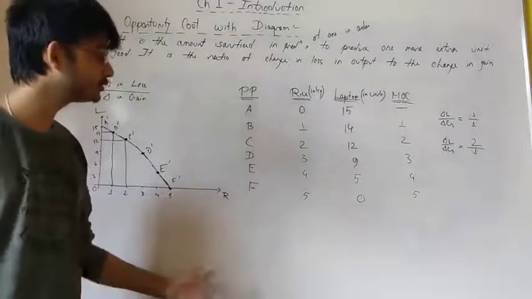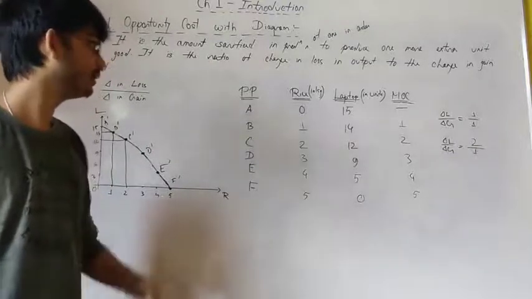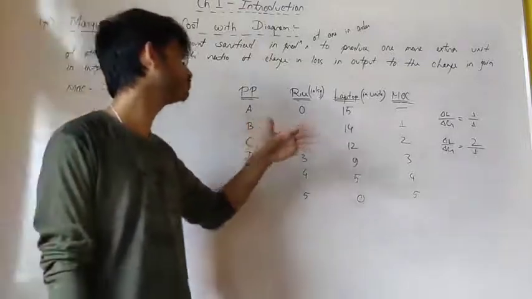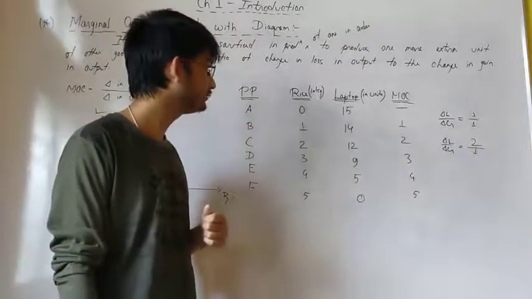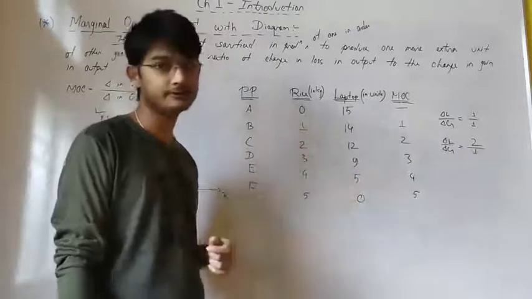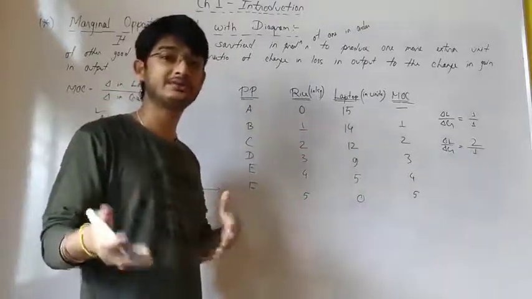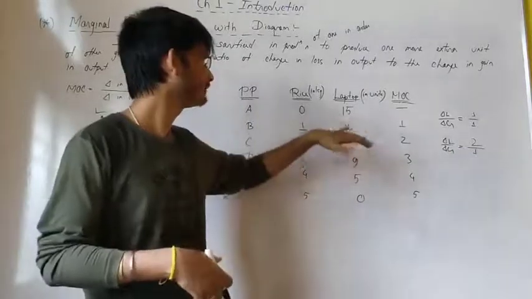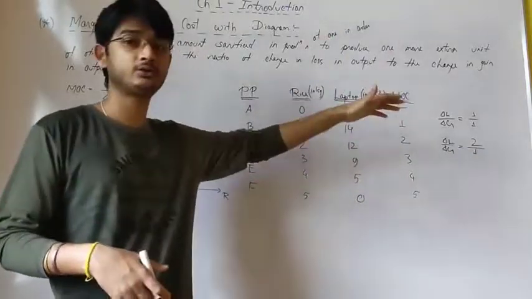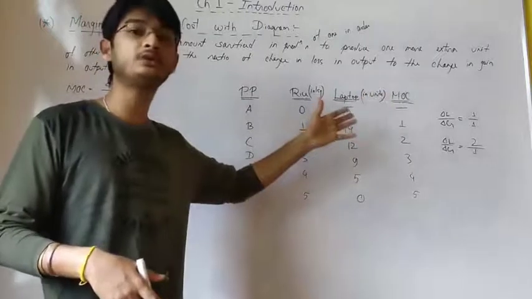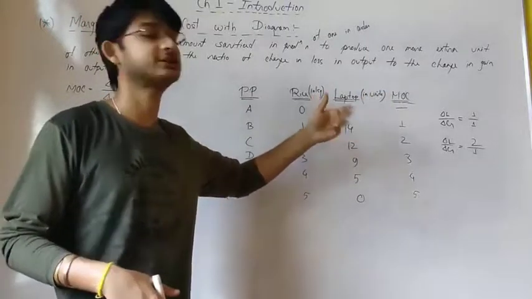If we want to produce more of any one commodity, then we need to sacrifice production of another, and this helps us to withdraw some resources from the other good's production to the targeted good for which we want a production increase.